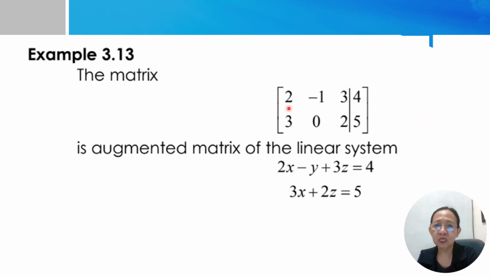If we are going to use x, y, z as the variables, this is now 2x minus y plus 3z is equal to 4. And the second equation will be 3x plus 0y, so that term is deleted, then plus 2z is equal to 5. So this is now the linear system of the augmented matrix form. Okay?